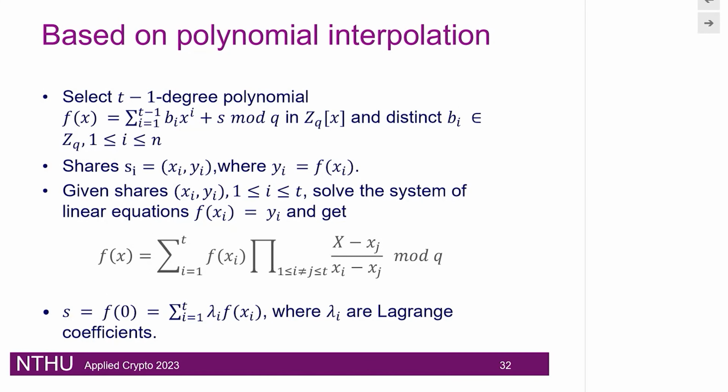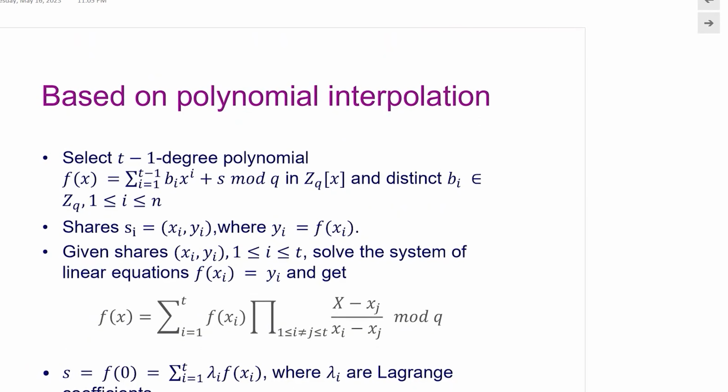So the idea is that imagine you are in a Euclidean space, and I give you 2 points. Let's say I give you a point here and a point over here, and for every t points, I ask you to draw a degree t minus 1 function.